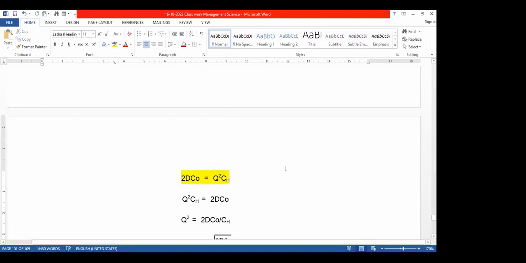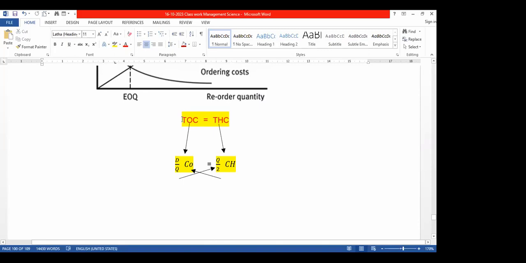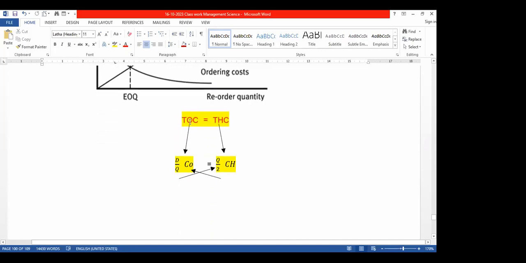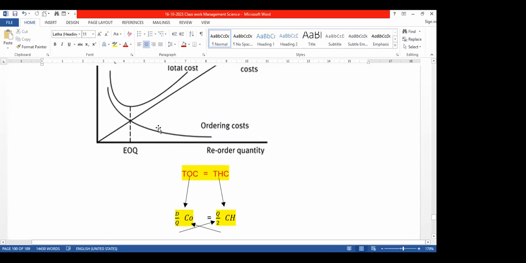Right? So I am deriving from this diagram and coming to these conclusions. From this conclusion, I am going for the detailed calculation formula for each component of the cost. Then where the total inventory cost is minimum, the EOQ will be decided.